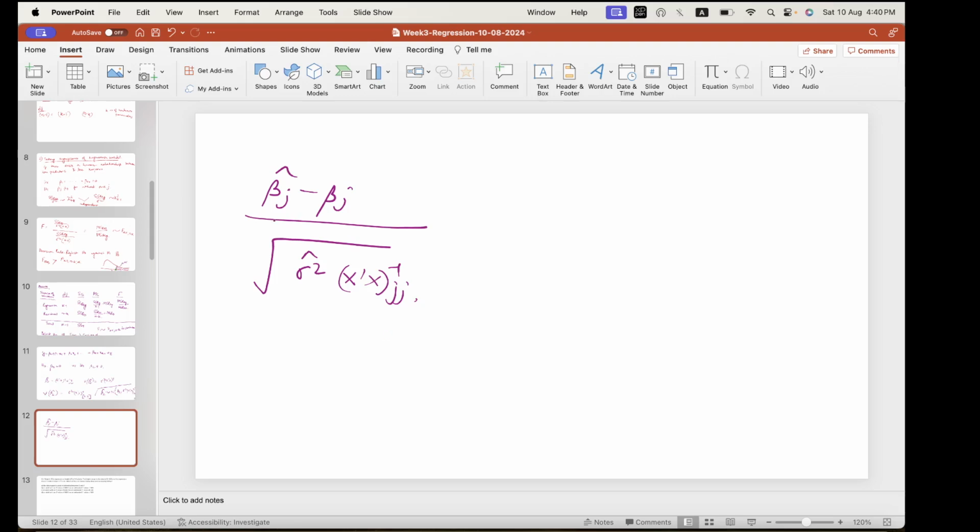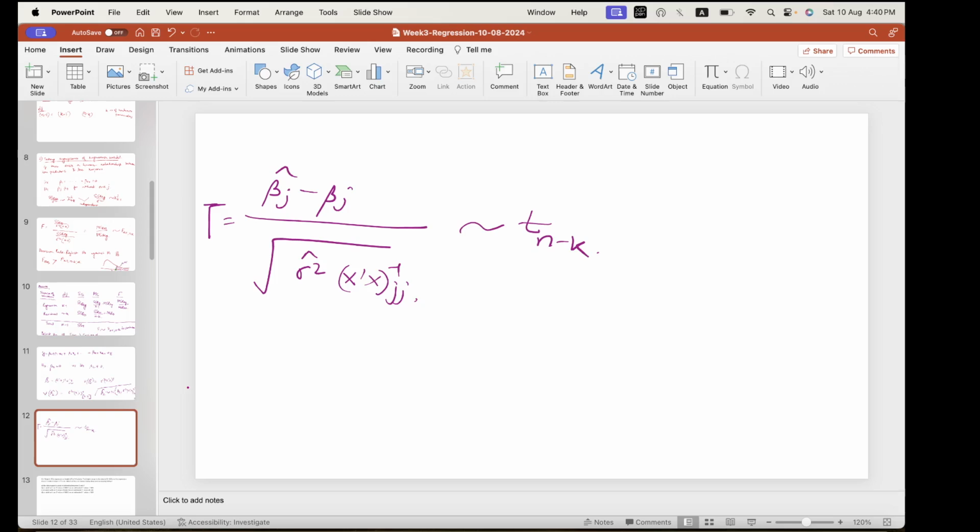Okay, and this one, if we would have had sigma square, it would have followed a normal 0,1, but since we have an estimate of sigma square, this will actually follow a t, and that would be the df of the SS due to residuals. This would follow a t with n minus k.